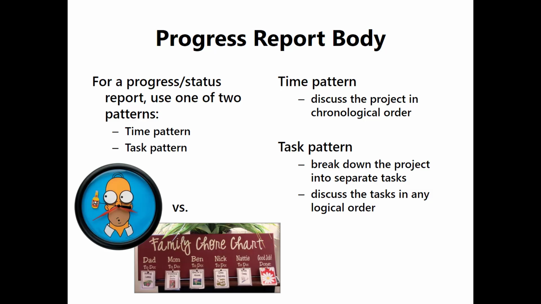At the same time, does that matter a whole lot to your reader? Maybe it would make more sense to say, well, there are issues involved with setup and there are issues involved with actually doing it. So the task pattern, you might break it down into prep work, such as prep work for the land, finding a place and getting a surveyor. Then there's prep work involved in just buying the supplies.